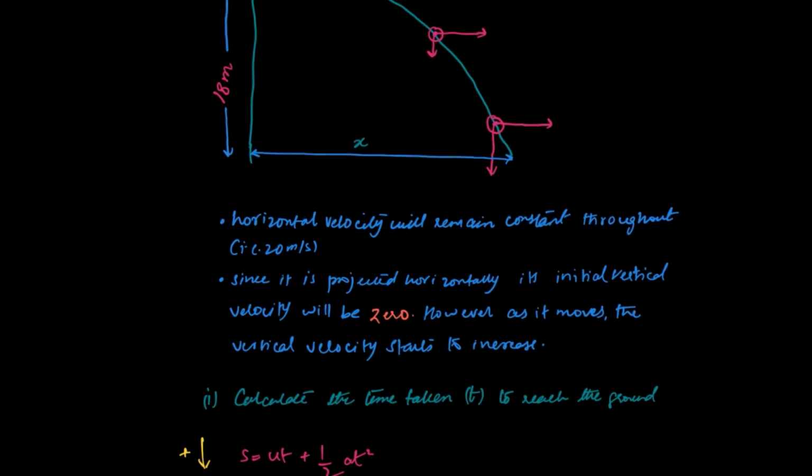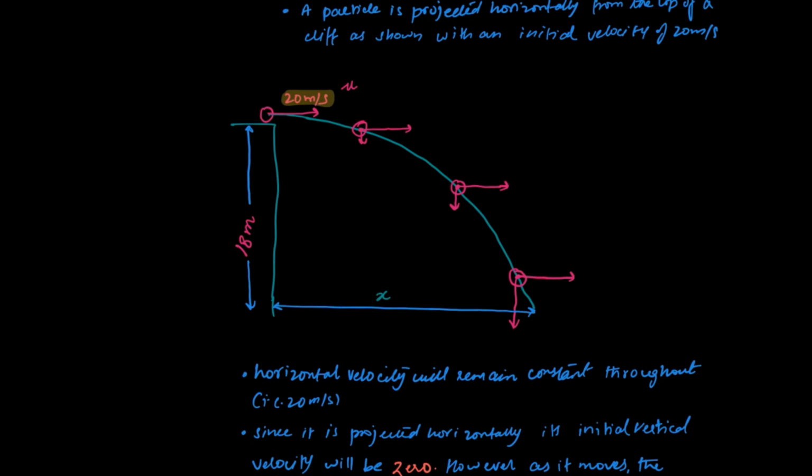The question says that the horizontal velocity would remain constant, and the reason is that since there is no resistive force acting in the horizontal plane and acceleration acts only in the vertical plane, horizontal velocity would remain constant. And since it is projected horizontally, it means that the only direction of velocity of the object is towards the right, and there is no vertical velocity.